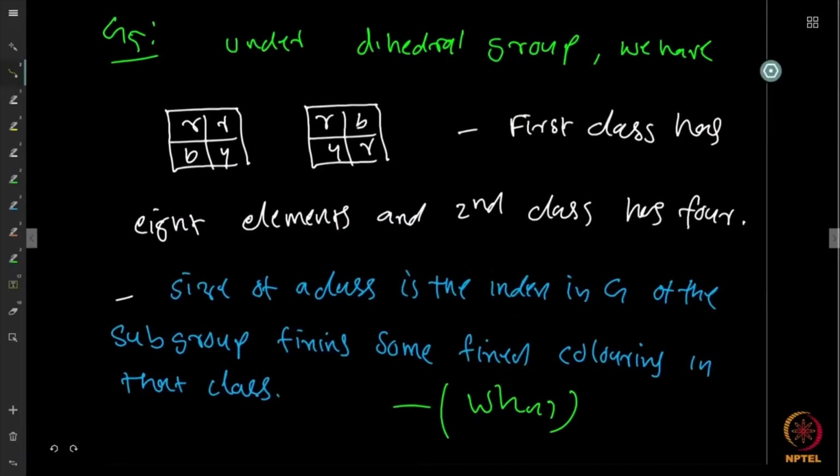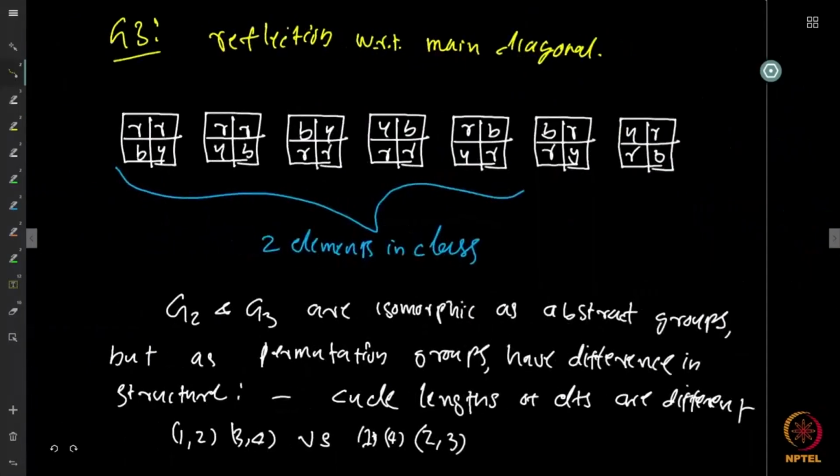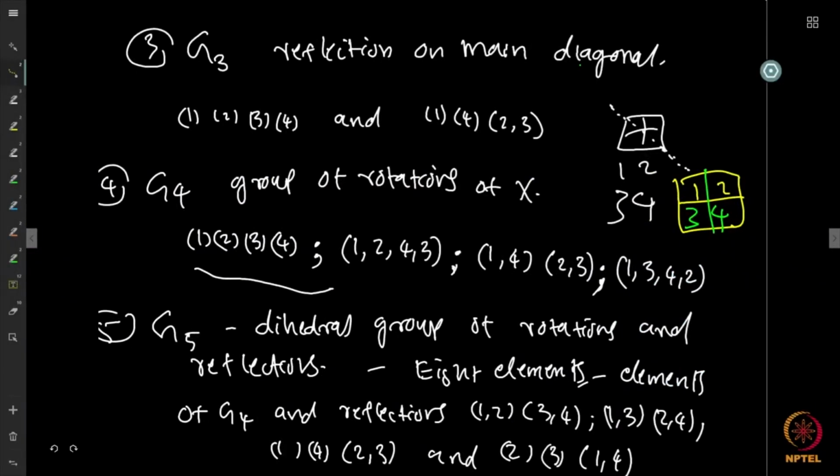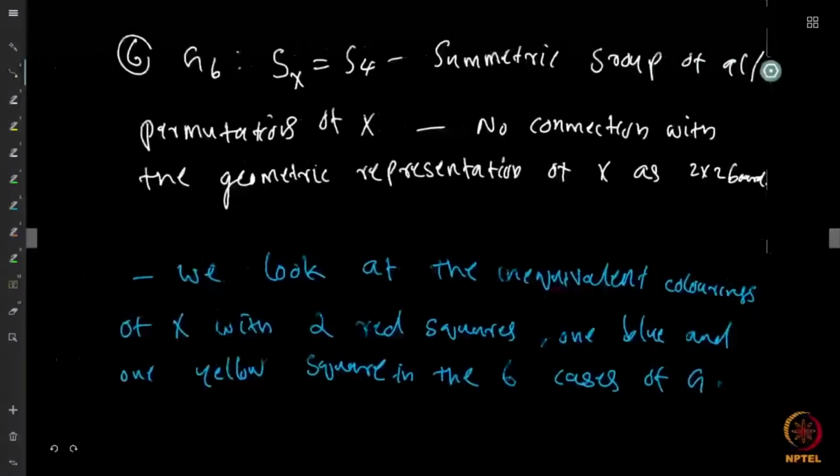G5 has the identity. Then you have 1 2 4 3, 1 4 2 3, 1 3 4 2, and then 1 2 3 4, 1 3 2 4, 1 4 and 2 3, and 2 3 and 1 4, right? So these are the dihedral groups.